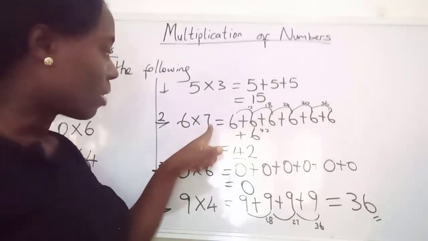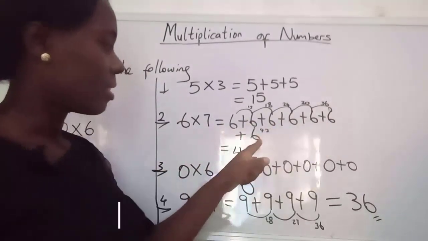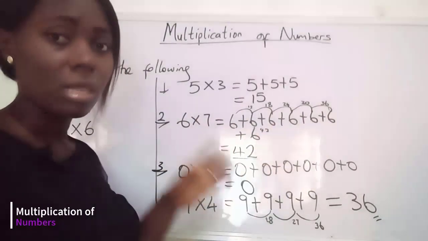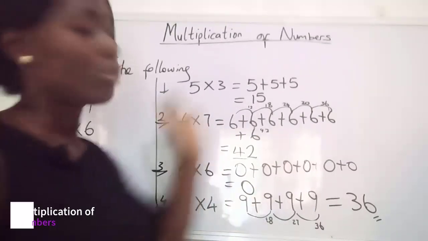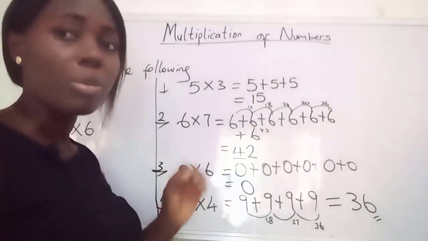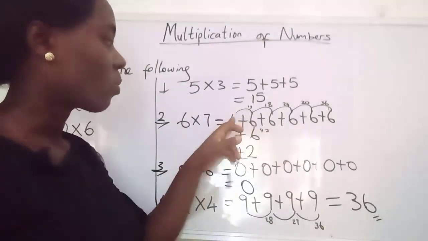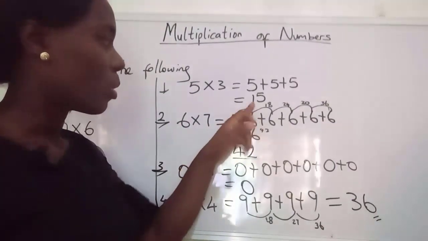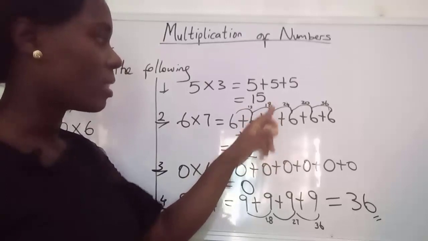Alright, so let's see. We've been told it's in 7 places. Let's see. 1, 2, 3, 4, 5, 6, 7. I'm correct. 7 places. Now, the next thing I did was to add them up in bits. Right? Instead of confusing myself, adding everything, I picked them little by little. I added up these first 2 numbers. 6 plus 6 gave me 12. 12 plus this other 6 gave me 18.